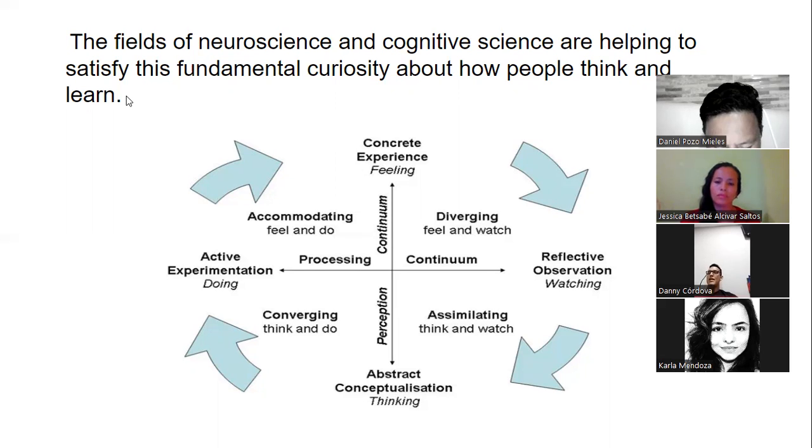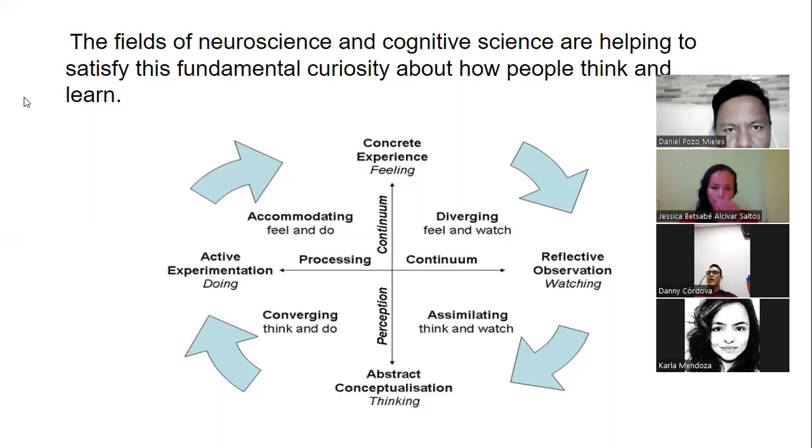the brain keeps a process. The first part we have is concrete experience: the person gets an experience, which includes the feeling. After that, we have the diverging, so it's like feel and watch.